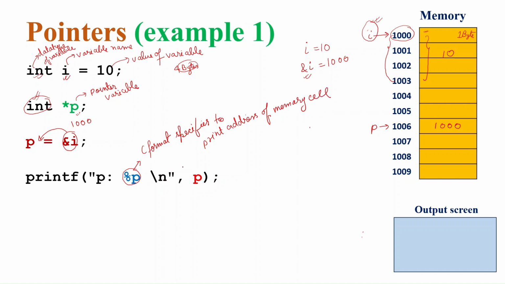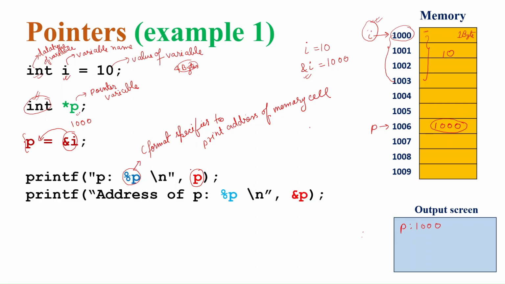It is going to print the value of p, which we assigned in the previous line, p is equal to address of i. The value in p is 1000, the address of variable i. So on the output screen it is going to print 1000.